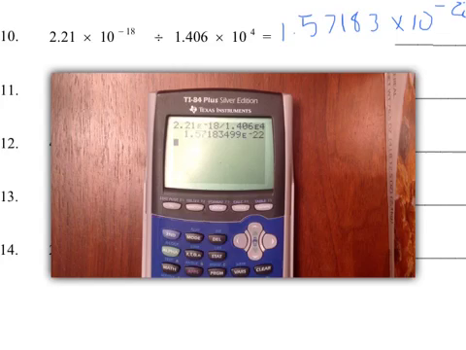I'm going to keep the 1, the 5, and the 7, and since the 1 is less than 5, I'm going to leave the 7 as it is. So when I round this, what I'll get is 1.57 times 10 to the negative 22nd power.